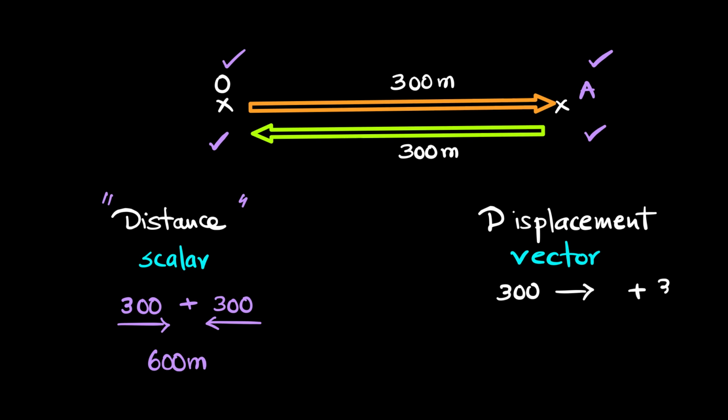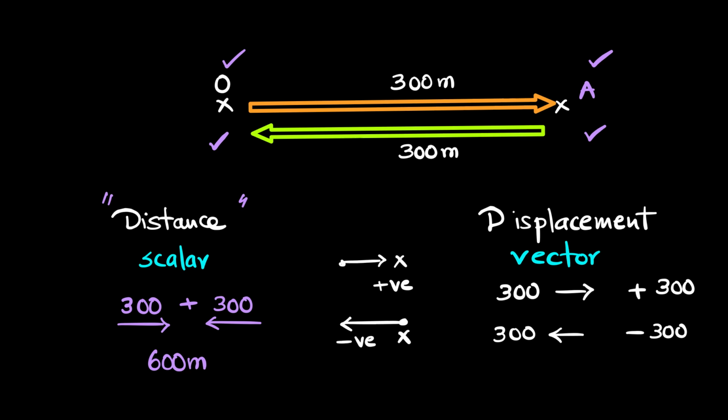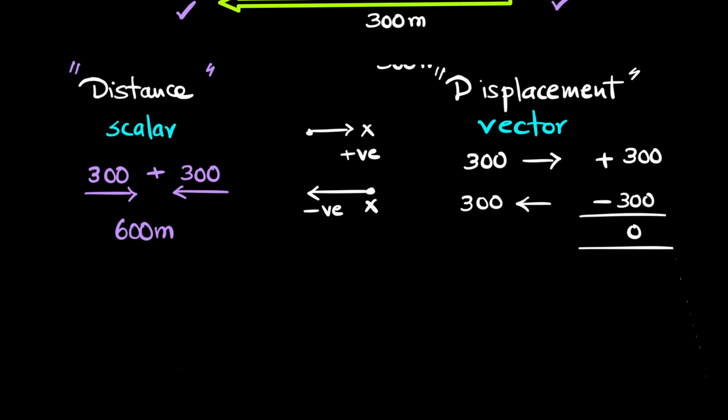But if we talk about displacement, the person has traveled 300 meters in one direction. So let's say the rightward direction is positive. The person has traveled 300 meters in the other direction. So now we will give it a negative sign. So if along the x-axis is considered positive, along the negative x-axis, it will be considered negative. So if I add these two, I get the displacement as 0. What does it mean?